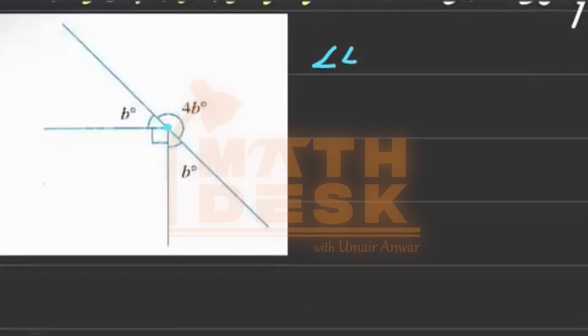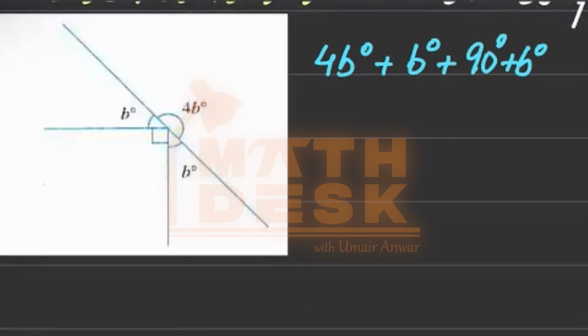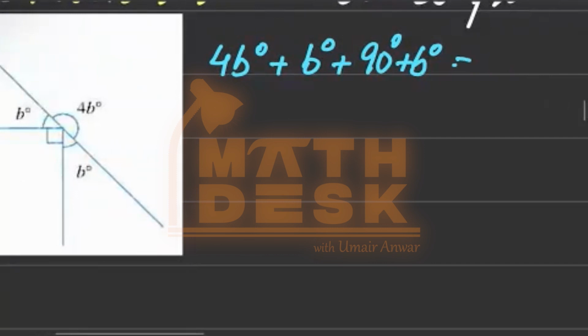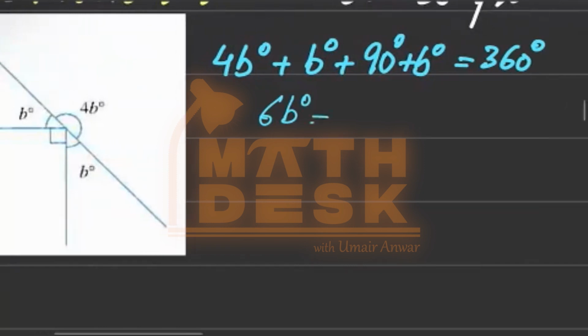So if we need to find out the value of B, what we can do over here, we can add 4B plus angle B plus 90 degrees and plus another angle B. And their sum would come out to be equal to 360 degrees. 6B is equal to 360 minus 90.